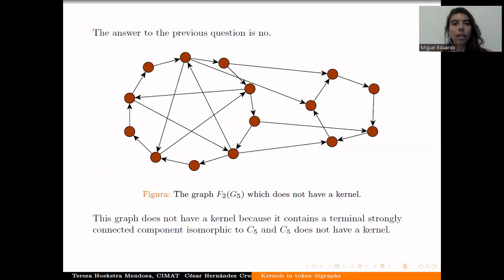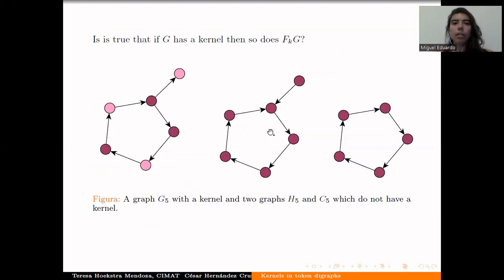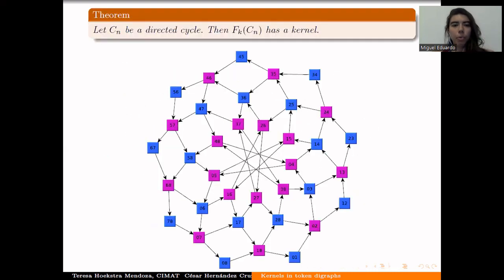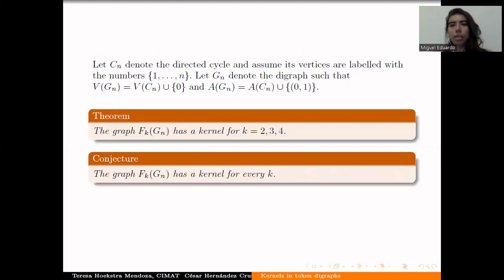Let me go back. This one right here, which is a directed cycle, and I put just one edge going towards the cycle. I'm going to call this HN, I believe. Perhaps somewhere I wrote down GN, but I meant to say HN.